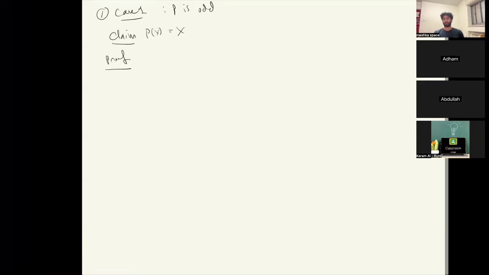I think if p is odd, then the constant term of p will be 0, right? Yes. So we have p of 0 equals 0. And from the functional equation, p of 0 squared plus 1 equals p of 0 squared plus 1.